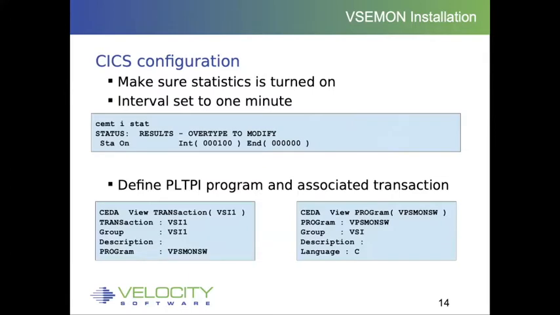To check statistics is very simple: just use the CEMT transaction to inquire statistics, and make sure statistics is on and set to a 1-minute interval. And there are some CEDA definition snippets there for defining the PLTPI program and its associated transaction.